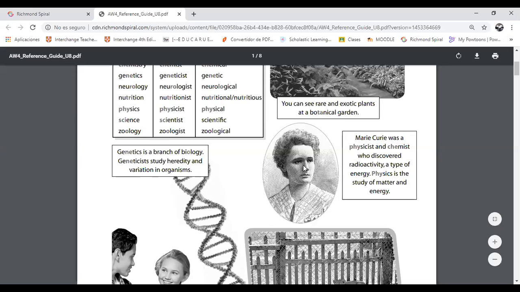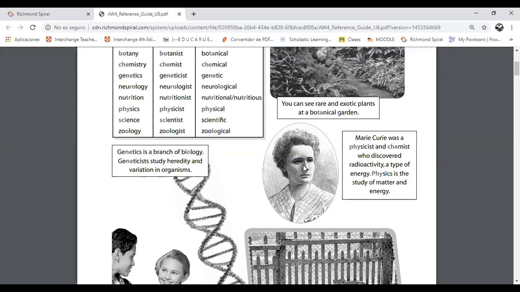And then this lady over here that you probably know or have heard of, her name is Marie Curie, was a physicist and chemist who discovered radioactivity, a type of energy. Physics is the study of matter and energy. Do you know what is the meaning of radioactivity?